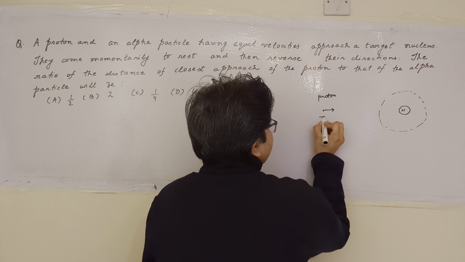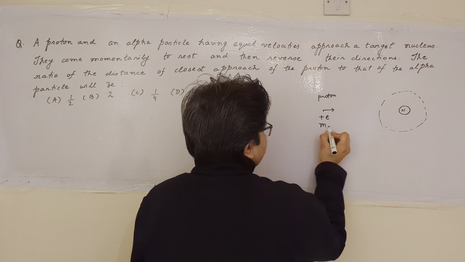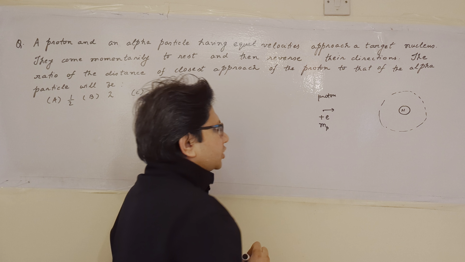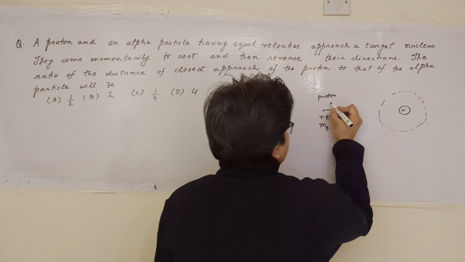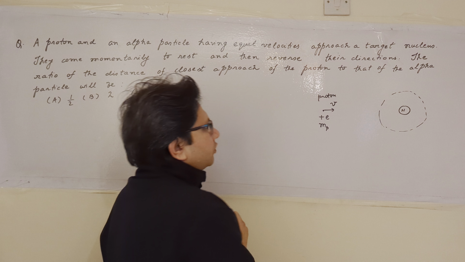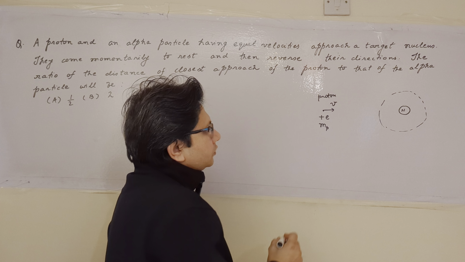So now we know that the charge of the proton is plus e, and the mass of proton, let us suppose it is m subscript p, and let the velocity at a particular time instant of the proton be v.